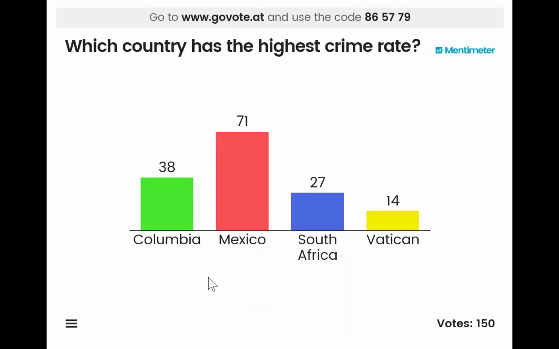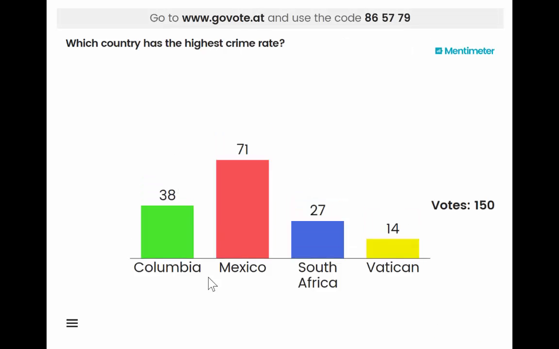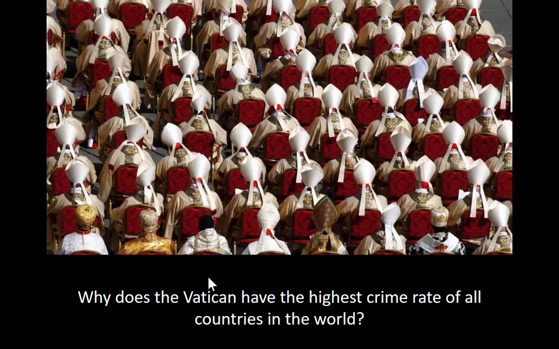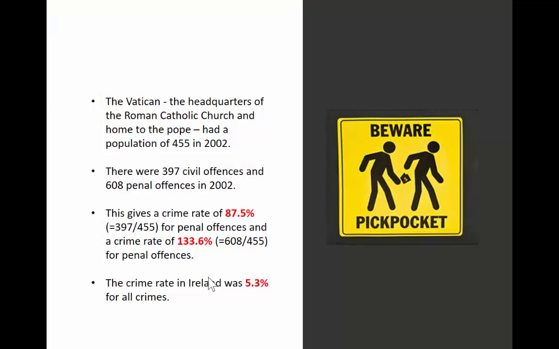And now let's go back, finally, to our crime rate. The answer is, it's the Vatican. The Vatican has the highest crime rate in the world. How can we look at this? Well, first of all, is it really a puzzle? Now you see why it's not really a puzzle.